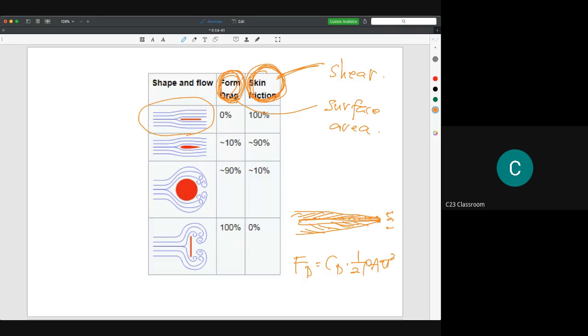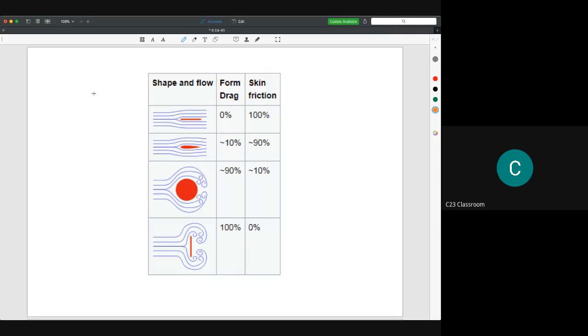If you see the picture here, if we have an aerofoil like this, we could say that the drag due to the thickness of the aerofoil is 10%, and the rest is the skin friction. If you have this one, you could say 90% of the resistance comes from the surface, because you could imagine that all the fluid flow here will stop at the area of this sphere, so only 10% comes from the skin.